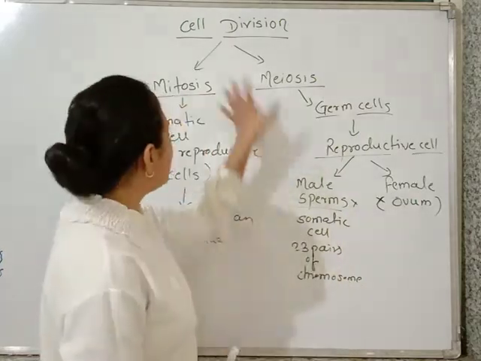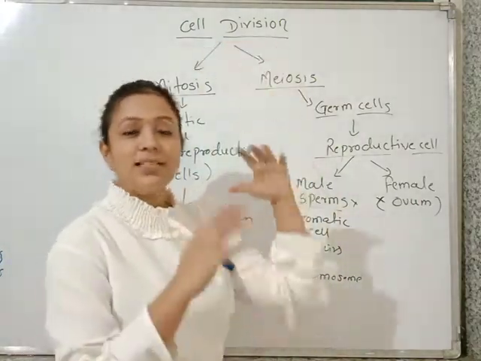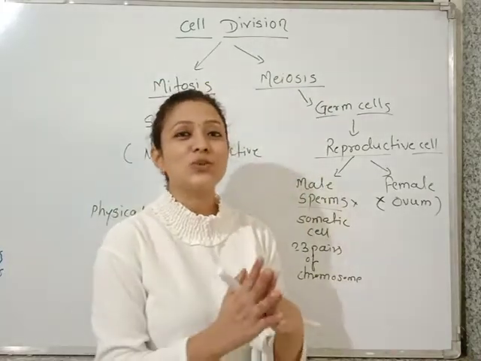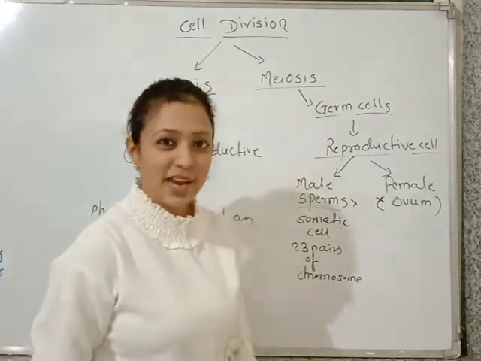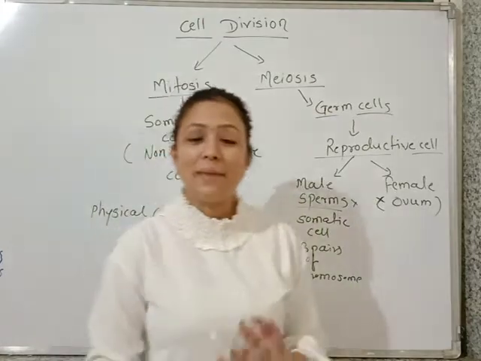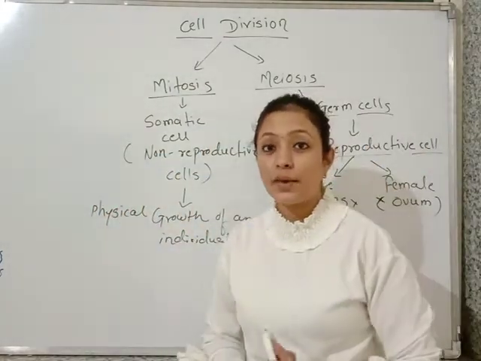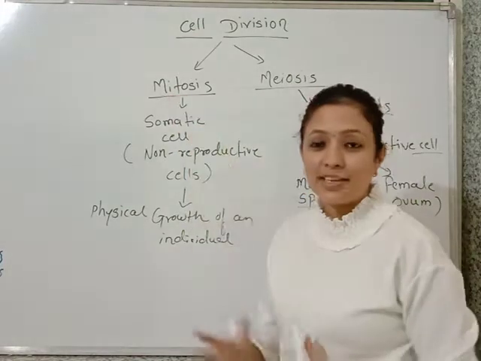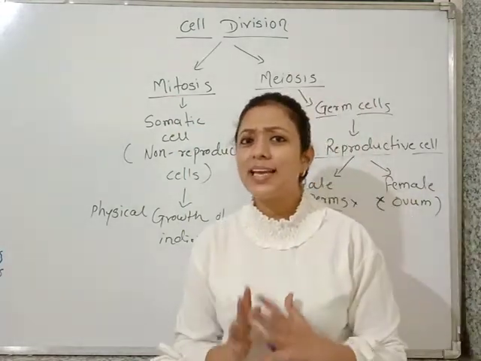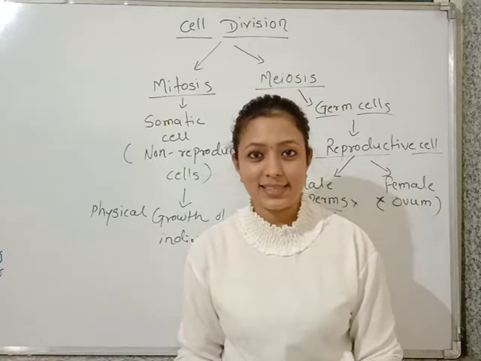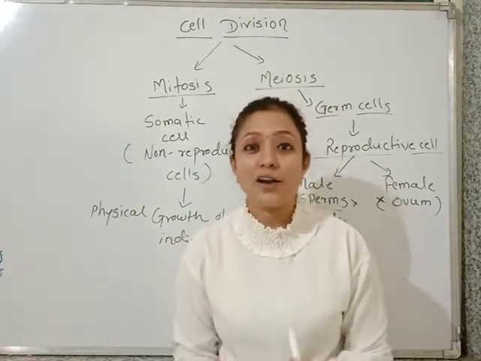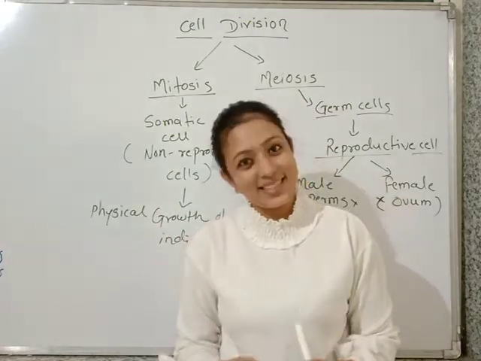Basically, students, cell division is classified into two types. One is mitosis and the other is meiosis. The process of mitosis especially occurs in the body cells, and these body cells are known as somatic cells.